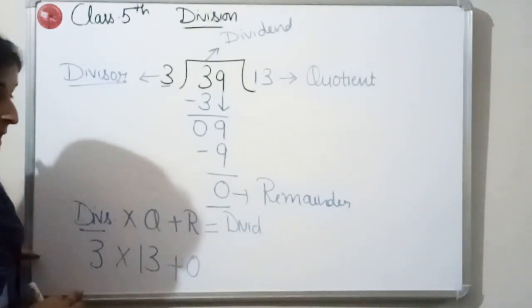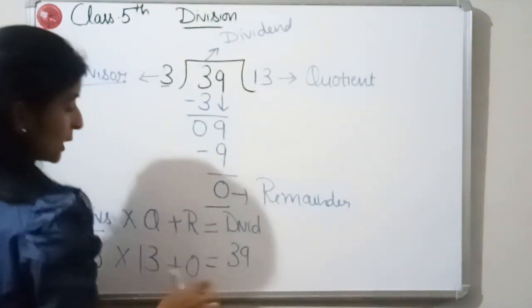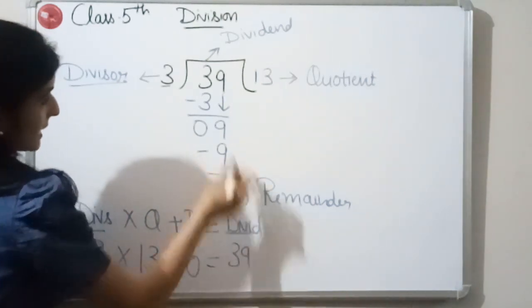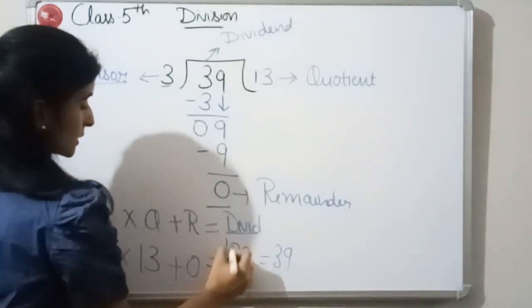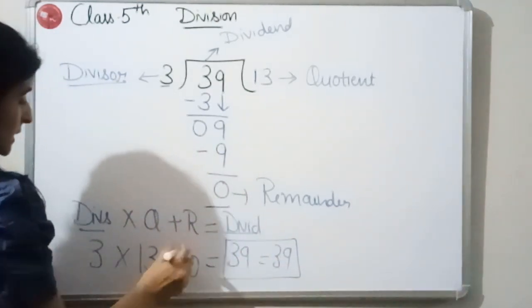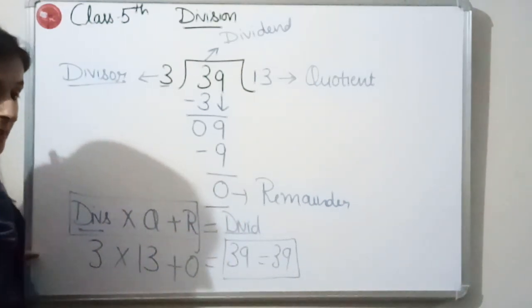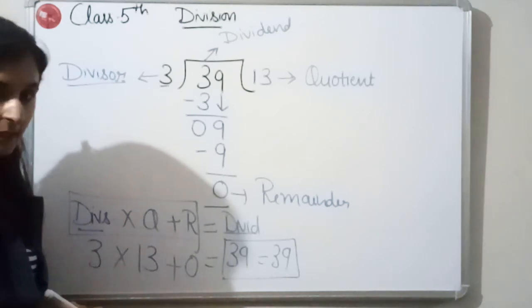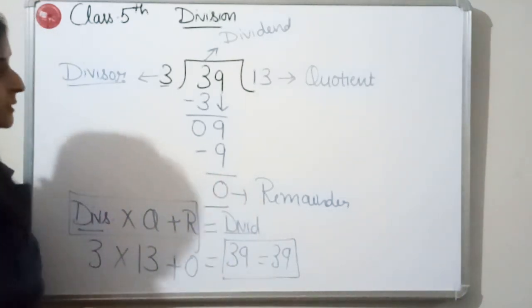Now 13 3s are 39, and 39 plus 0 is again 39. Our dividend is also equal to 39. So this term has proved equal to the dividend, which means we have done this division correctly. Fine. Now let's come to the next part in division.